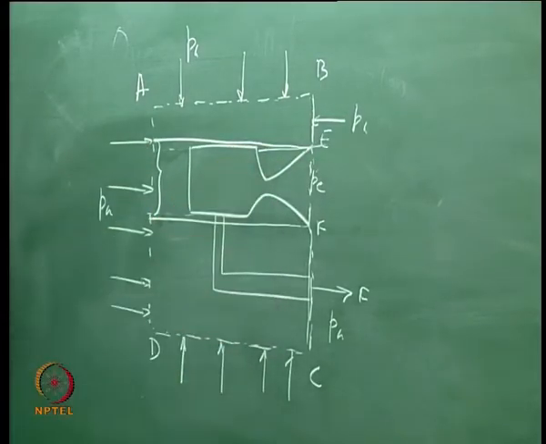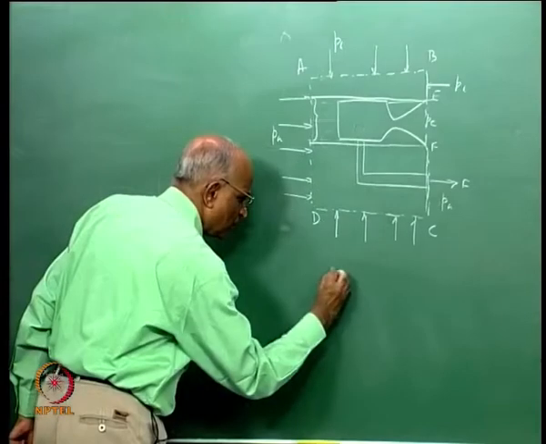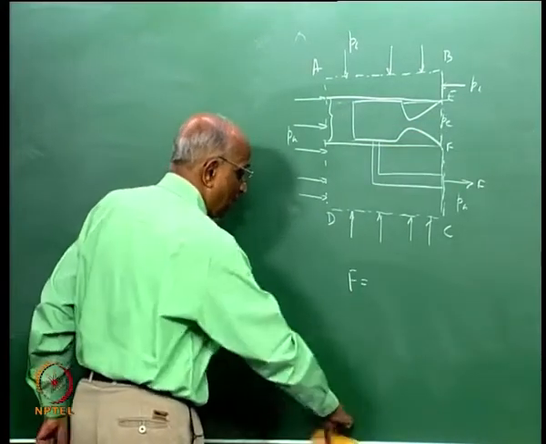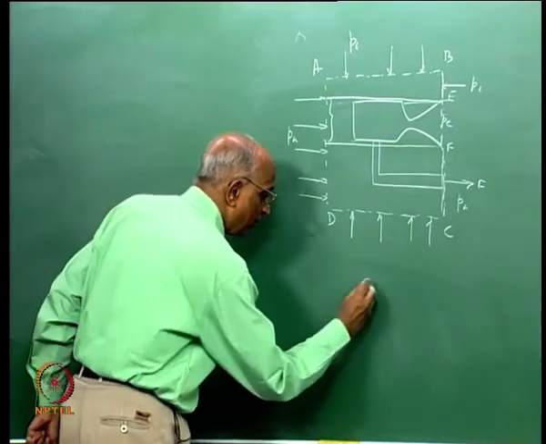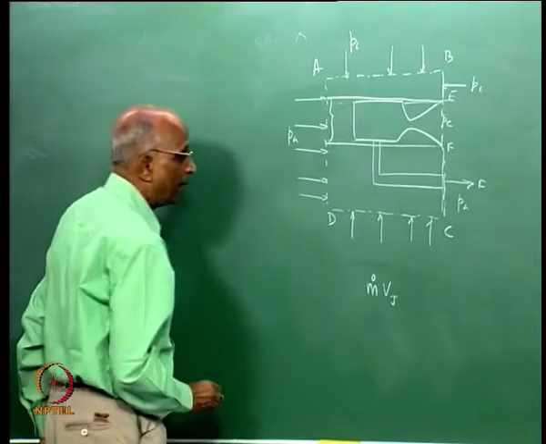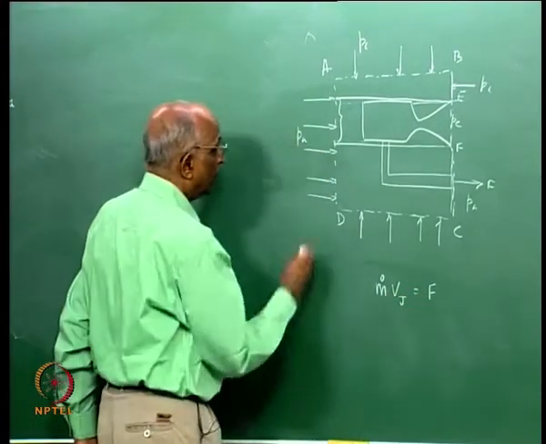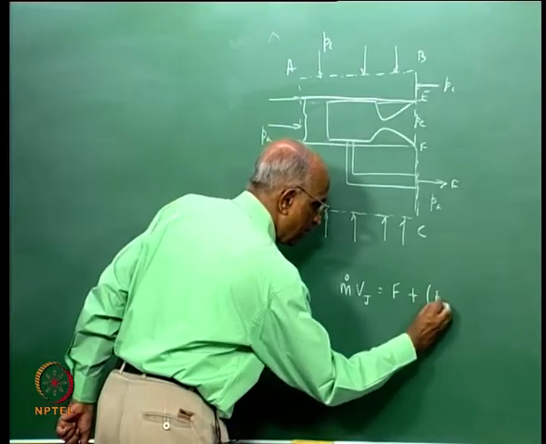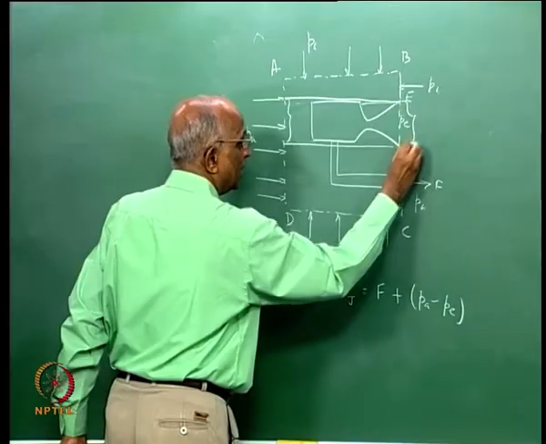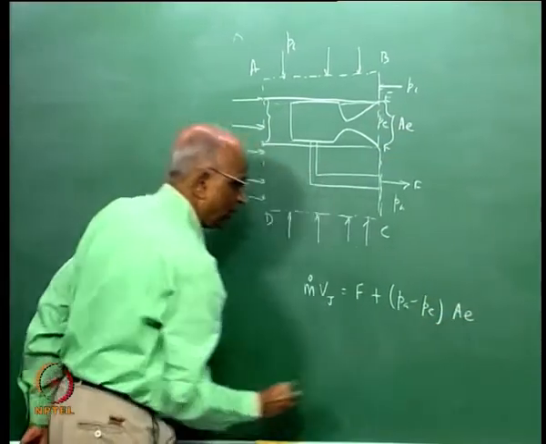Now, let us write the force equation for this system. I have a momentum which is coming. What is the momentum? m dot Vj is the momentum thrust, and that is balanced by the force plus (Pa minus Pe) times the exit area Ae.